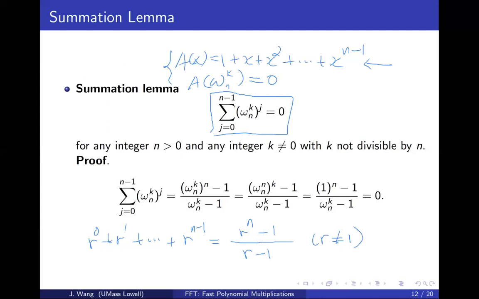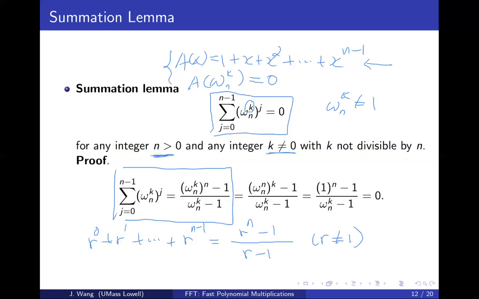So in our case, as long as this k is not 0, it's not going to be equal to 1. So that's why for any k not 0 and any n greater than 0, this omega n to the k is not equal to 1. So hence we have this part.